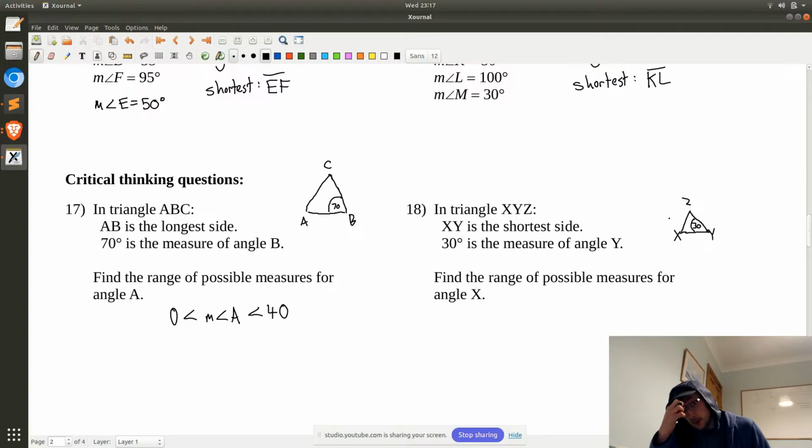And we must find the range of possible measures for angle X.